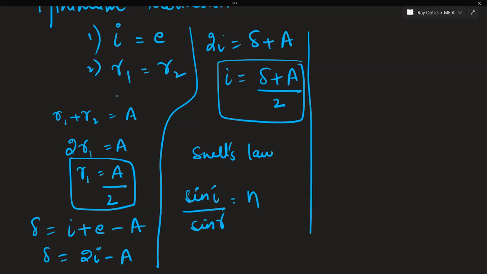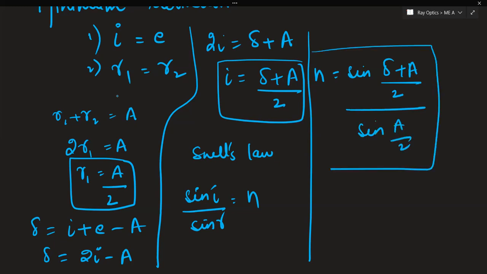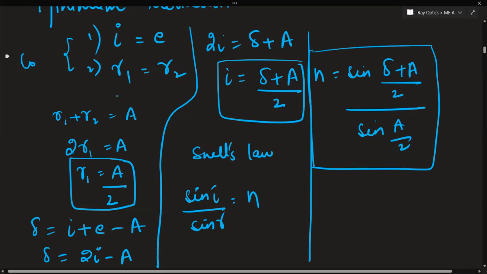So value of refractive index will be sine of I, which is delta plus A by 2, divided by sine R, so sine A by 2. This is the angle of minimum deviation condition. These two are the conditions. And this is the formula for the refractive index. Rest of the things have already been calculated.